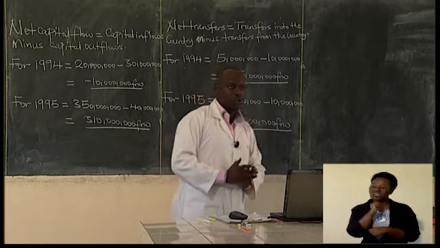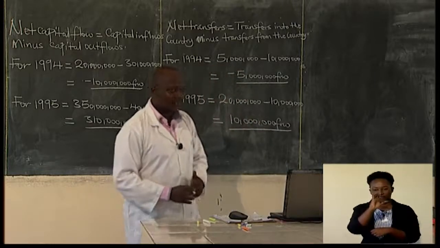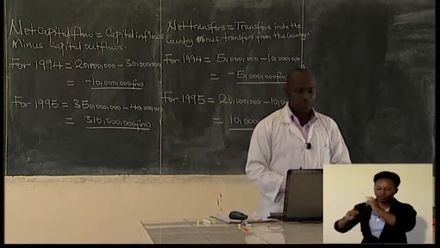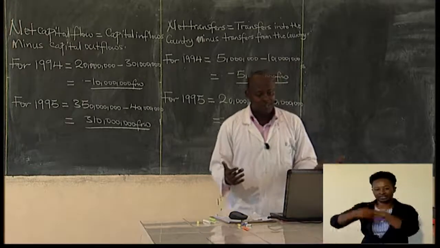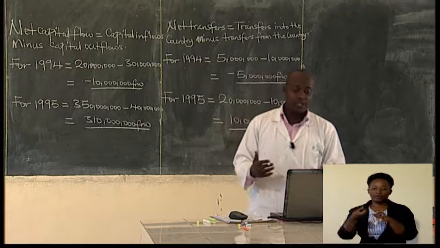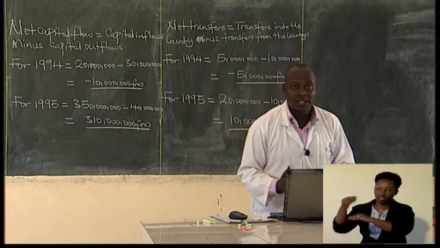One of the solutions is establishing export promotion industries so as to increase the volume of exports. This increases a country's export earnings abroad, hence reducing the balance of payment deficit.